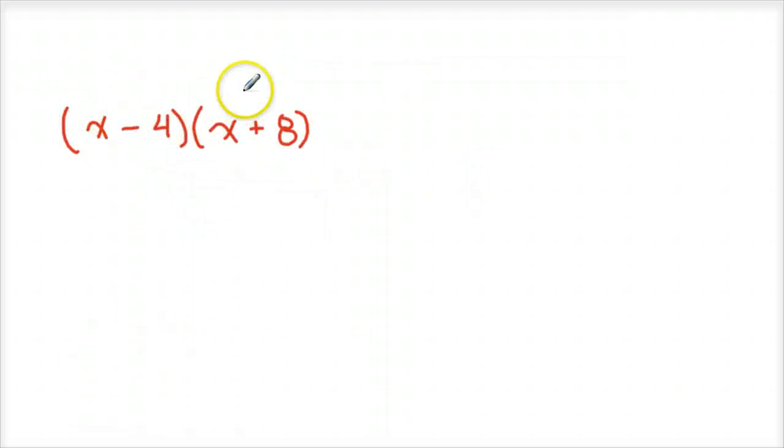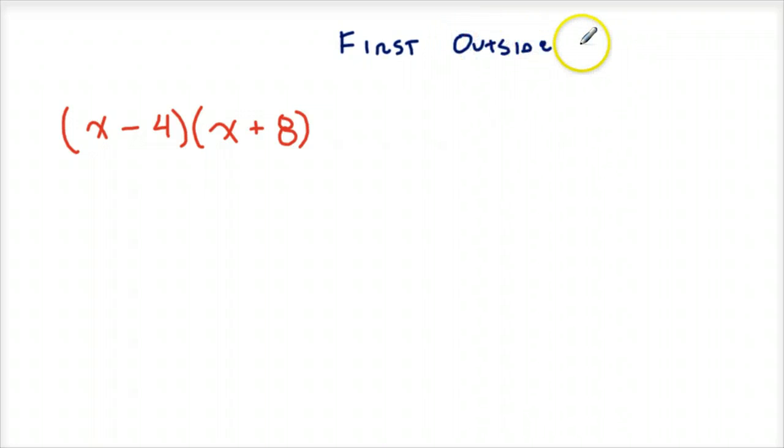Let's look at another one, multiplying two binomials together. So in this case, we'd want to use our FOIL method. If you use that, it's where you multiply the first terms, then the outside terms, then the inside terms, and then the last terms of each binomial. So that's the FOIL method.